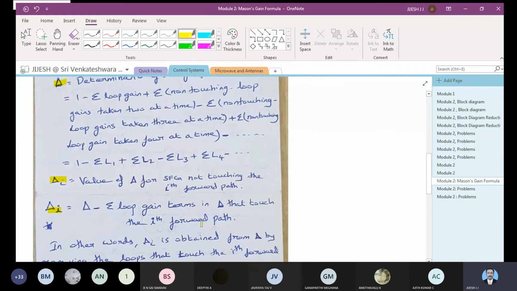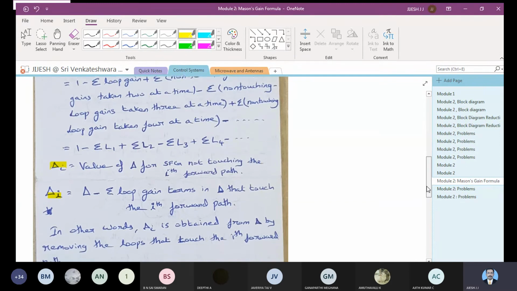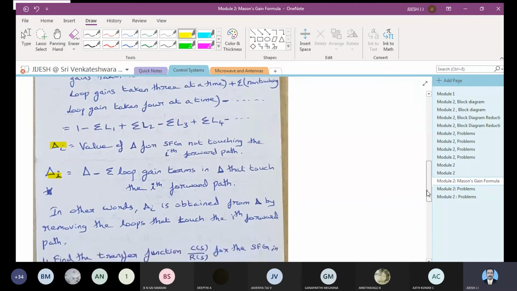So this is delta and delta I. You can just write these things, and then we will go ahead with the problems. Delta I is obtained from delta by removing the loops that touch the ith forward path. So we have to remove those loops.